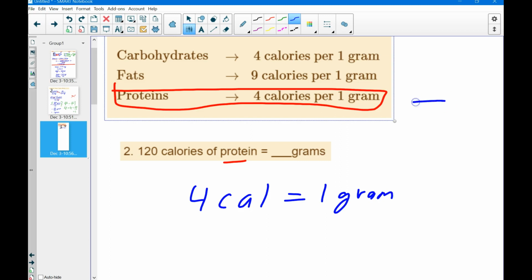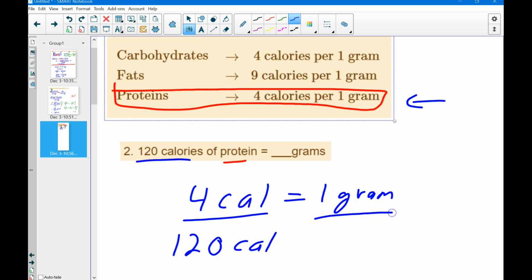And that just comes straight from there. And if I have 120 calories, I get my calories with my calories, over X.